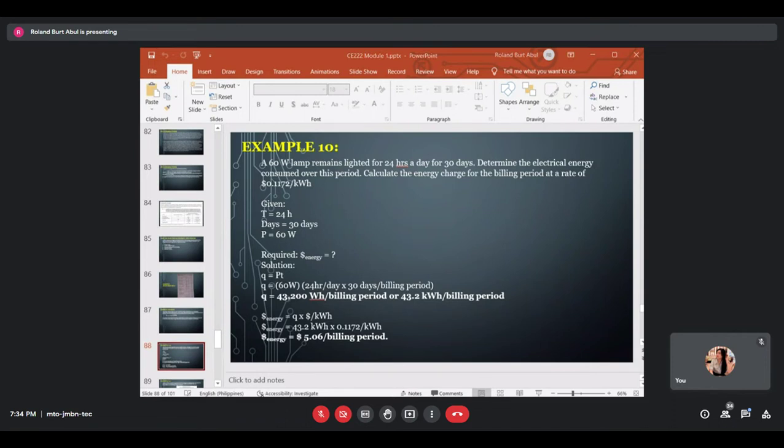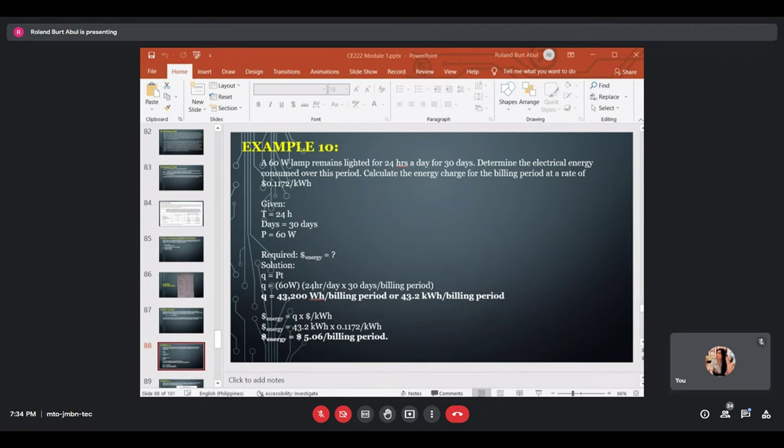The formula is 60 watts times 24 hours per day, then multiply by 30 to get the energy consumption for one billing period, which is 43.2 kilowatt hours. What we will use next is the kilowatt hour per billing period, not the watt hours.